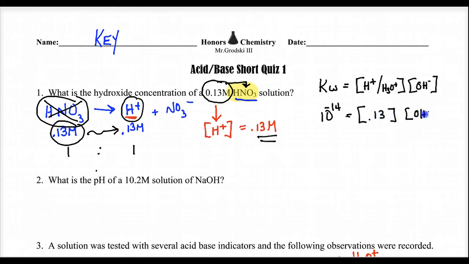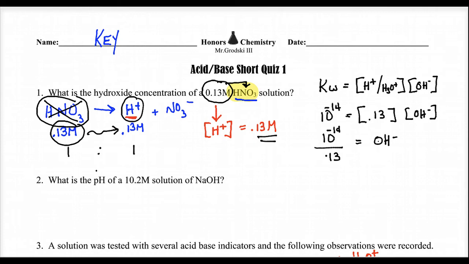So what's my hydroxide? My hydroxide is my unknown. So solve for my hydroxide. All I have to do is take 10 to the negative 14 and divide it by 0.13. That's all you had to do. Some of you guys are trying to solve for, I don't know, Nobel Prizes in different types of equations you were building.